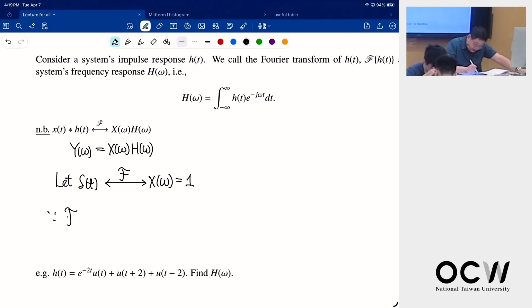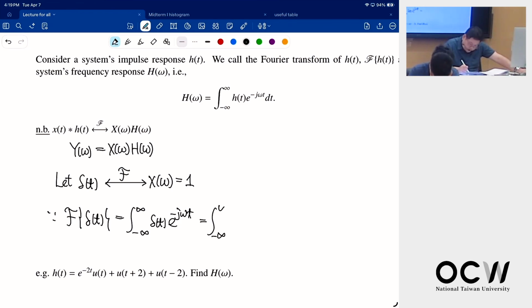You can also think that if you derive it, the delta function, if I take the Fourier transform, that's delta(t) e to the minus j omega t. The delta function only has value 1 when t is 0. Which means this t should be 0, minus j omega 0.